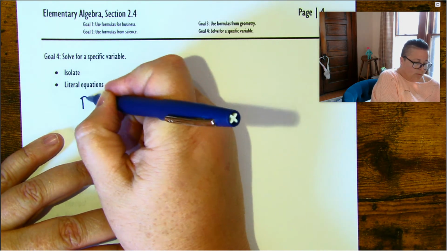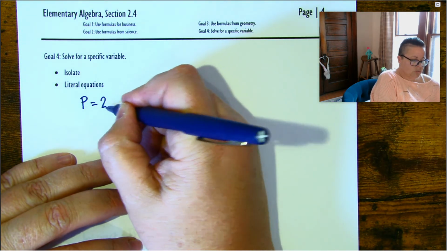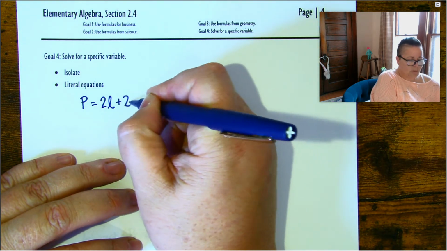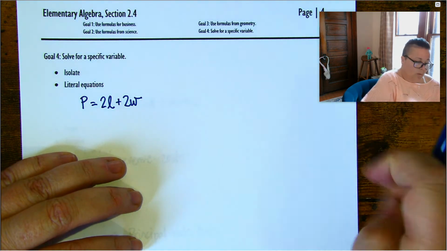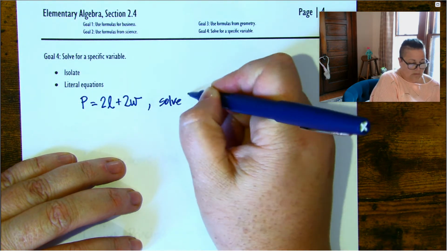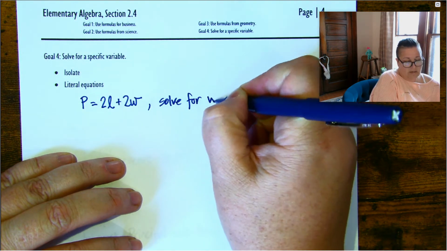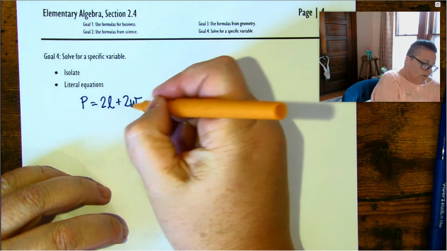All right, so here we go. We know that the perimeter of a rectangle is 2 lengths plus 2 widths. Right? That's 2 lengths plus 2 widths. But what if we have to solve this for the W? So what if we want to isolate this for the W?